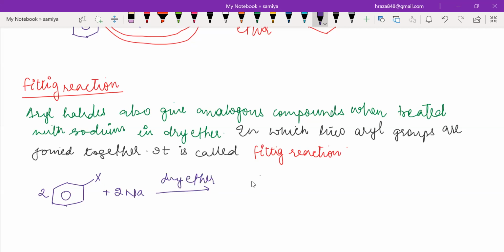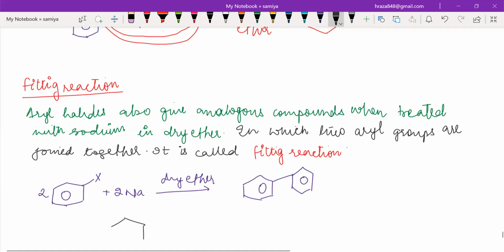So what you will get is 2 benzene rings connected with each other. I'm going to explain it again. Just see, we have 2 moles of this haloarene. This is the first haloarene and this is the second haloarene.